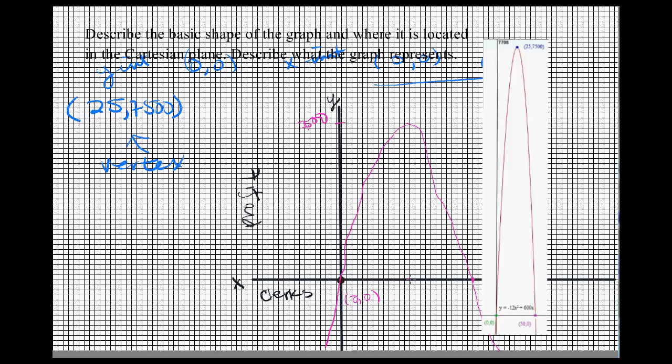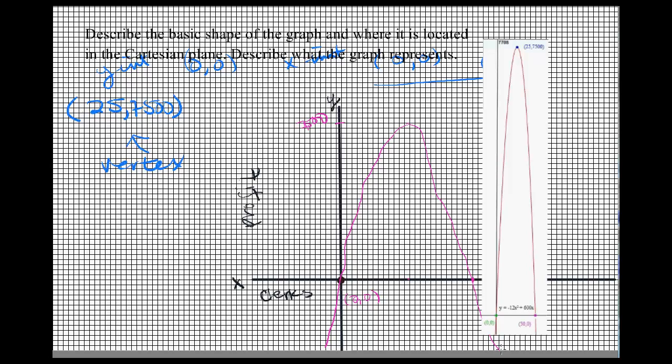Our x-coordinate is the number of clerks, and that was 25. So that's what this actual graph represents. It also shows you the basic shape of the graph and where it's located in the Cartesian plane.